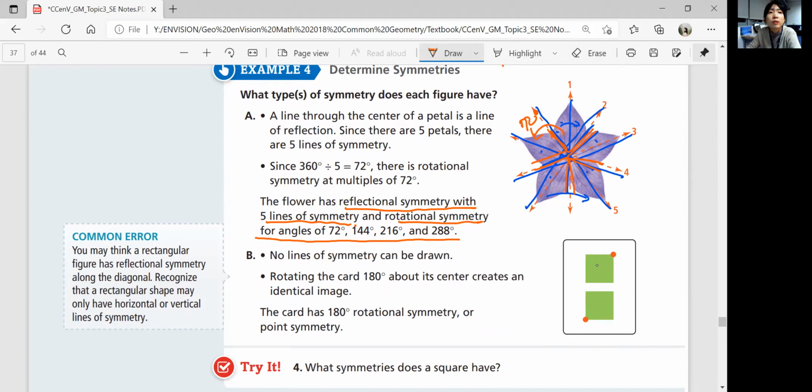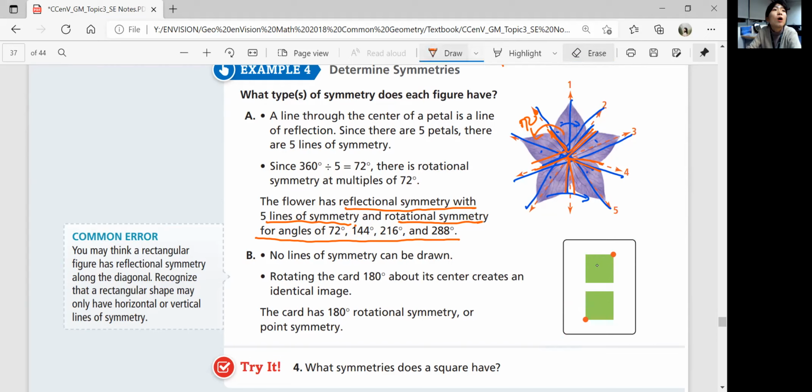No lines of symmetry can be drawn because these 2 points don't lie symmetric to each other. Because if we draw a line like that, this point is going to map here, not over here, right? That's not symmetric at all. Okay, and the squares don't match at all either.